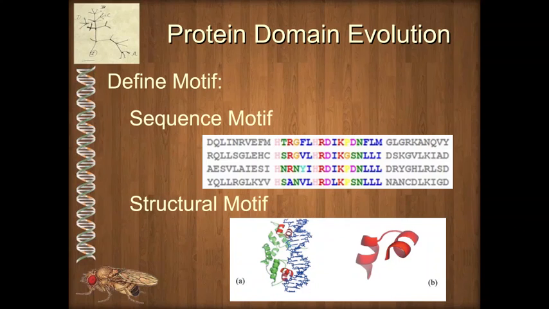Now, within protein domains, we also have motifs. And a motif can be defined based on its amino acid sequence, and it can be based on the physical three-dimensional structure of that amino acid sequence of these polypeptides, which is just a fancy term for a protein sequence.